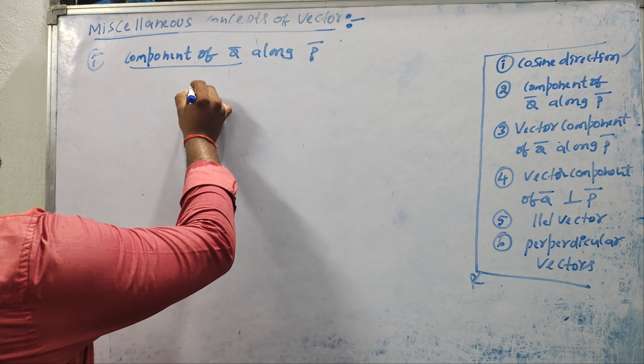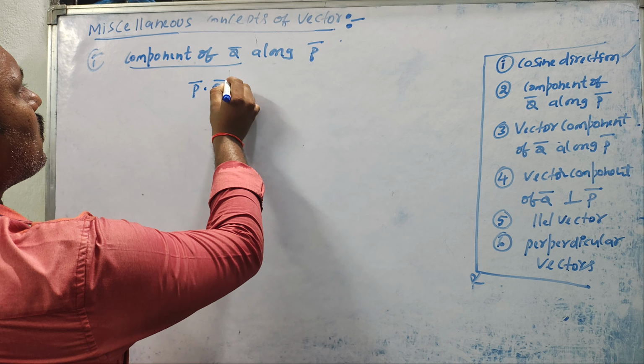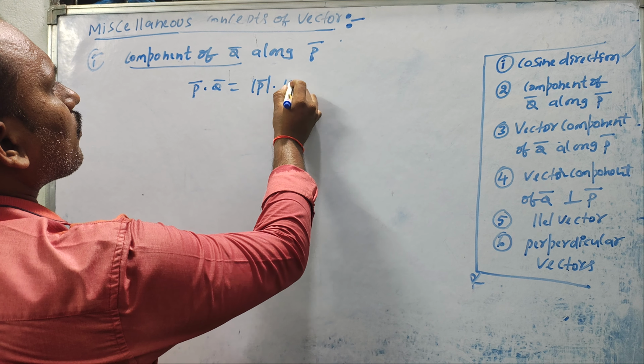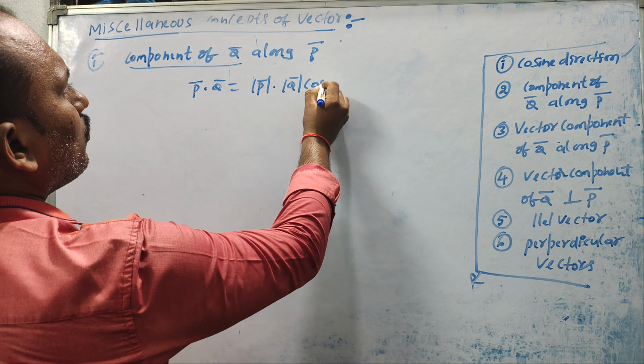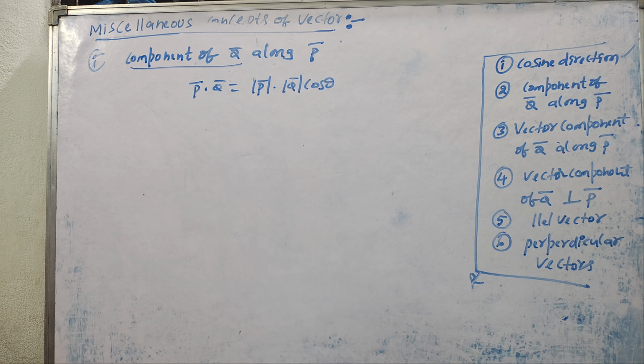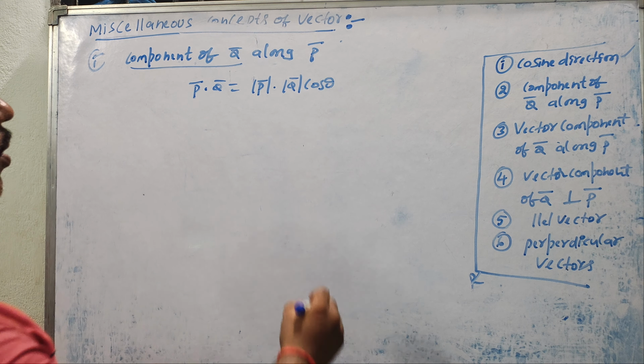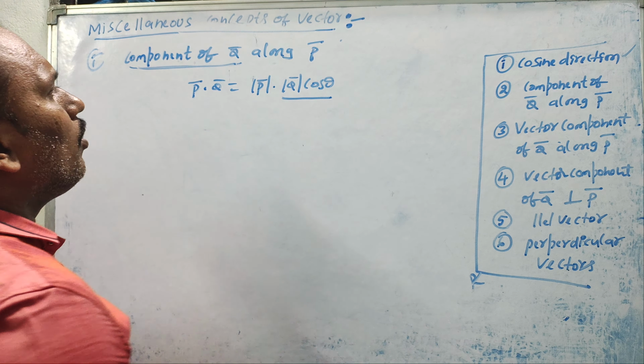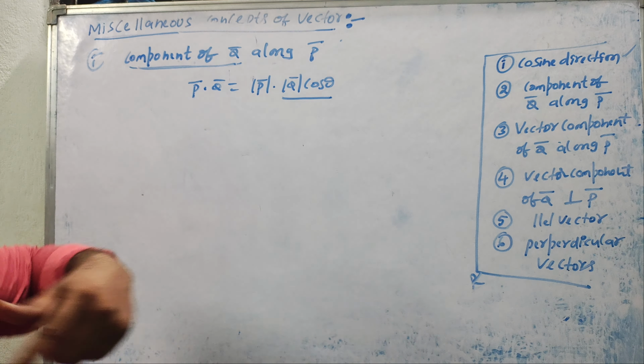So let us take p bar dot q bar is equal to modulus of p bar, modulus of q bar into cos theta. Now what do I want? Modulus of q bar cos theta I want. That is the meaning of the component of q bar: modulus of q bar cos theta.